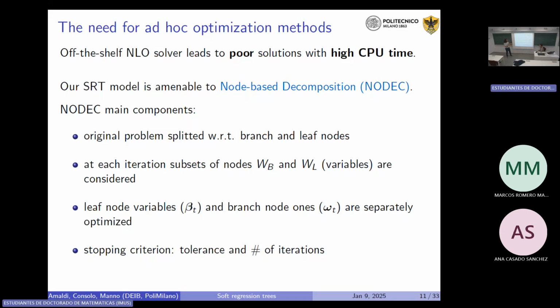The idea is to split the problem with respect to the branch and leaf node variables, so the omega and the beta variables that I mentioned before. The leaf node variables and the branch node variables are optimized separately. As a stopping criterion, you can use a tolerance or a number of iterations.